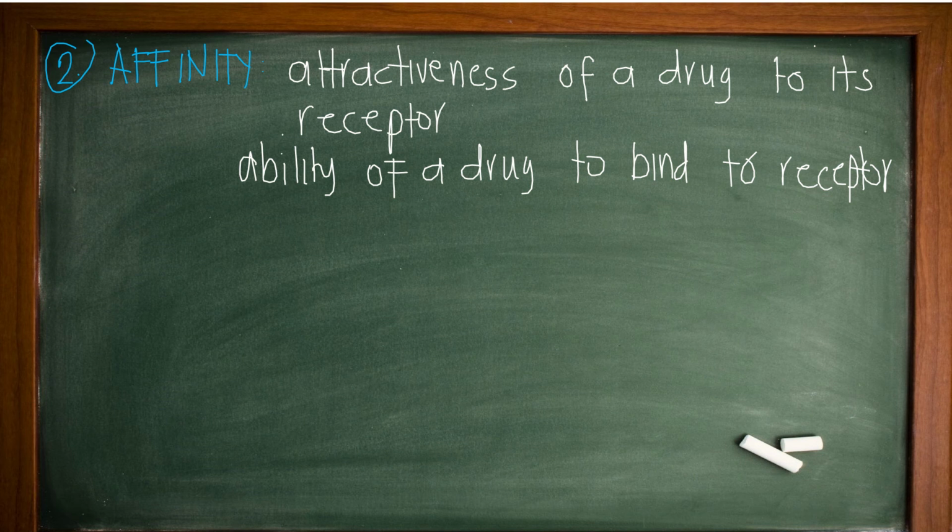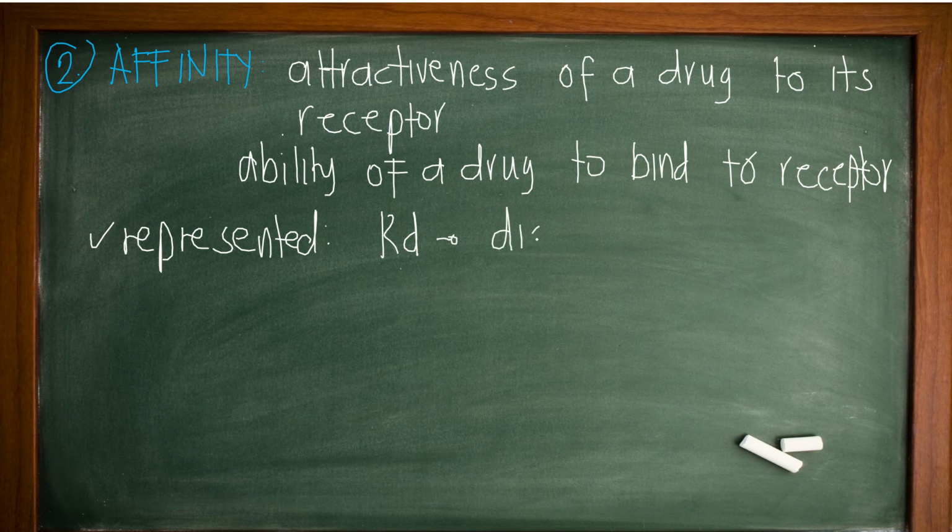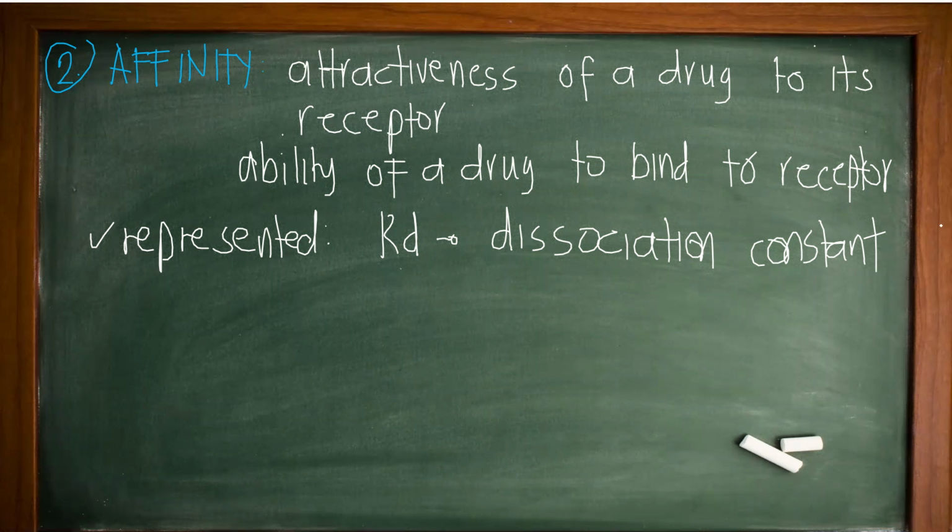So how attracted the drug is to the protein, binding to receptor enzymes, is represented by the dissociation constant, or KD. We will illustrate those. So the lower the dissociation constant, the higher the affinity of the drug. So they are inversely proportional.